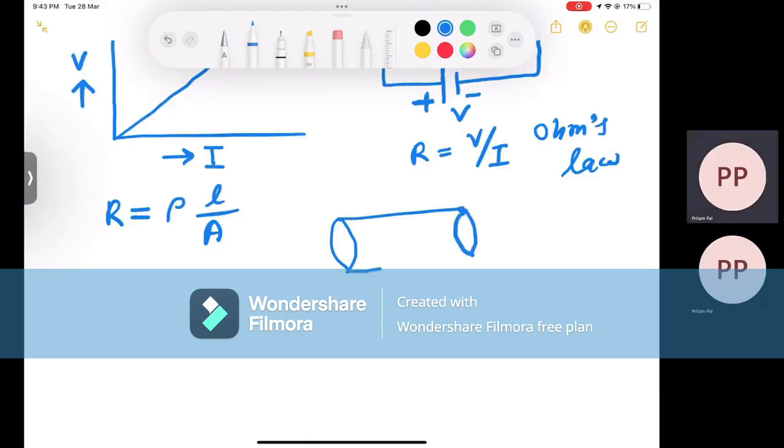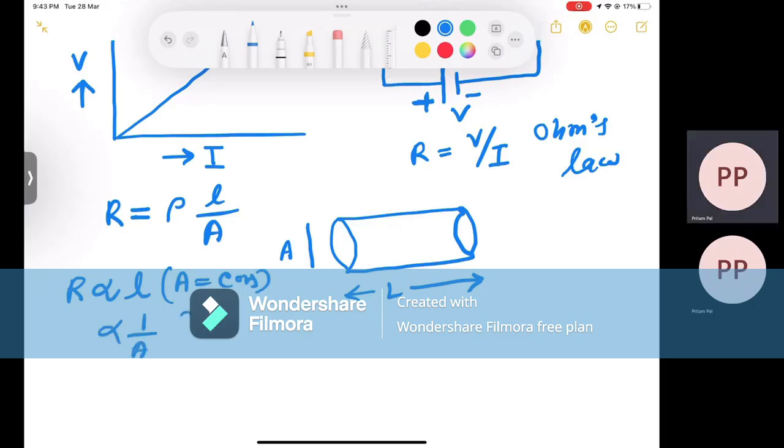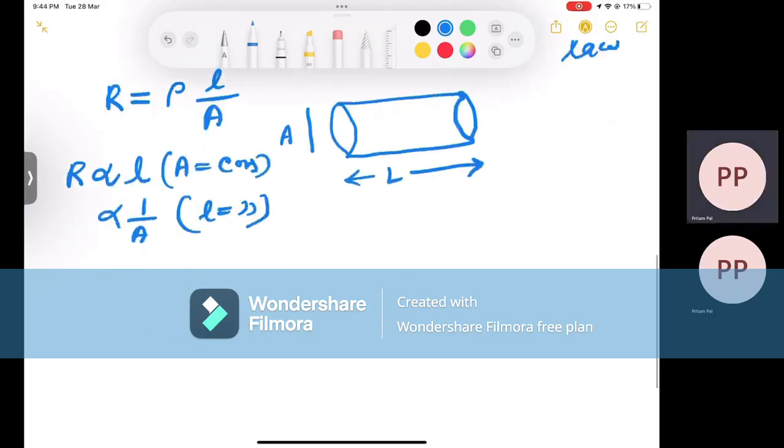We have a conductor which has a length L and a cross section of A. Then R is proportional to L when A is constant, and proportional to 1 over A when L is constant. So this rho is called the resistivity of the material.